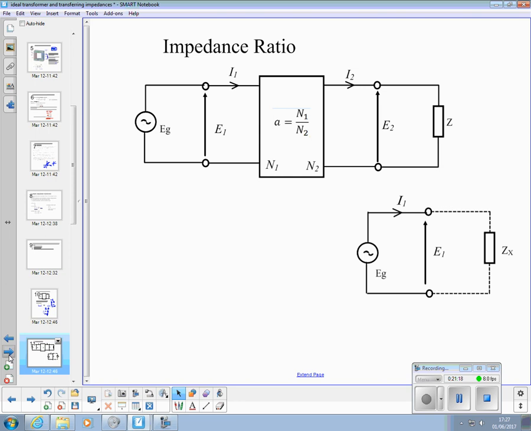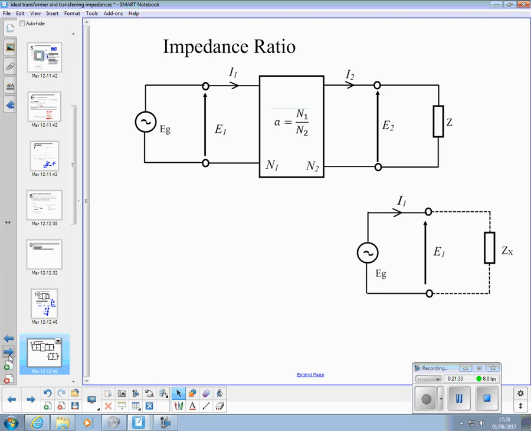Because if Z is 10 ohms, the generator doesn't see 10 ohms unless the transformer ratio is 1. So that's what this is about.